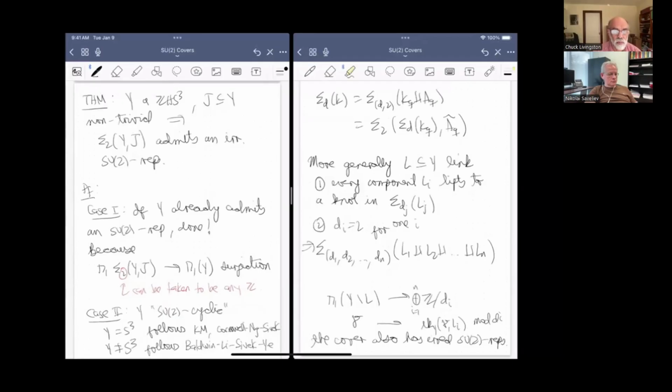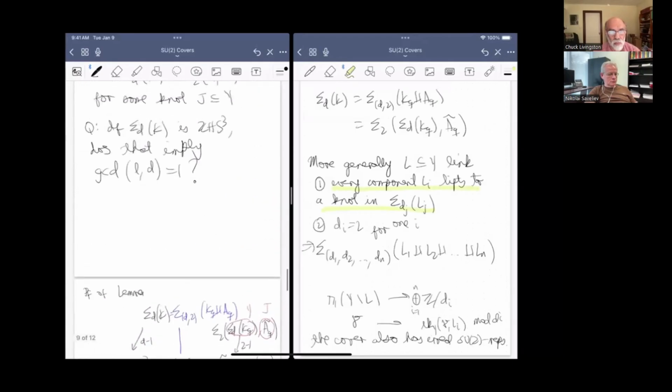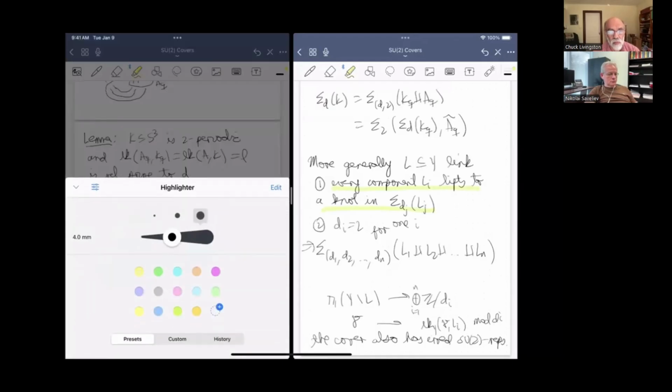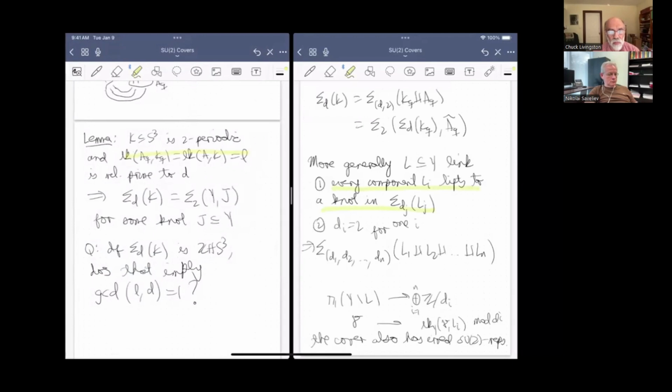I just wanted to mention that this condition, every component L_i lifts to a knot in this branch cover, is the reason why I need to include that this linking number is relatively prime to d. For a two-component link, saying that the linking number is relatively prime to the degree of the cover is equivalent to saying that K_1 is going to lift to a knot in the d-fold cover of K_2. That's all that I'm saying.